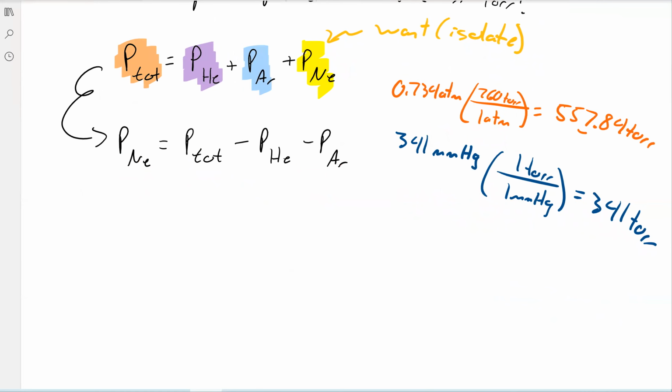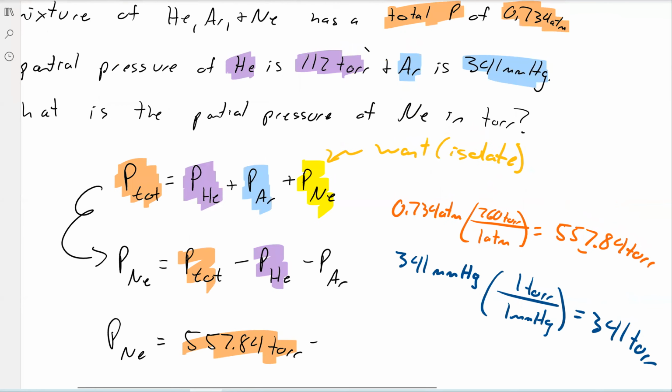Now we can just go ahead and plug and chug. So the total pressure is going to be 557.84 torr. The helium part is going to be then minus helium up here, 112 torr.